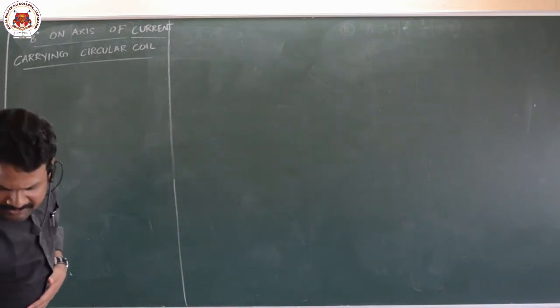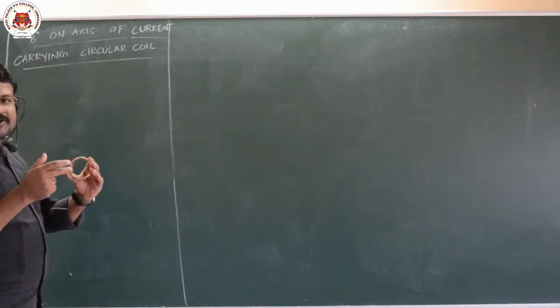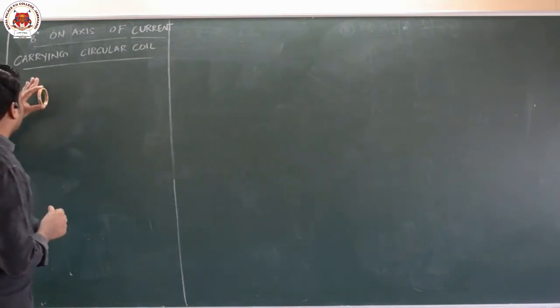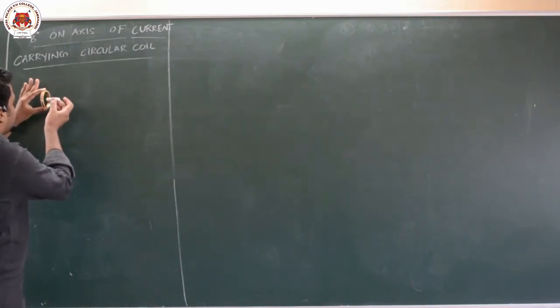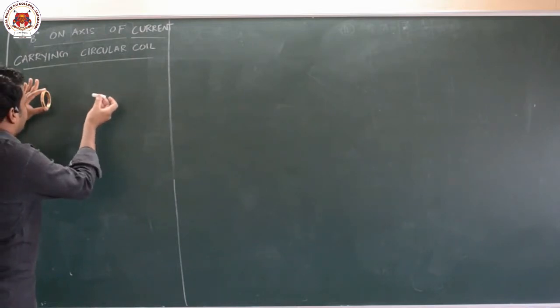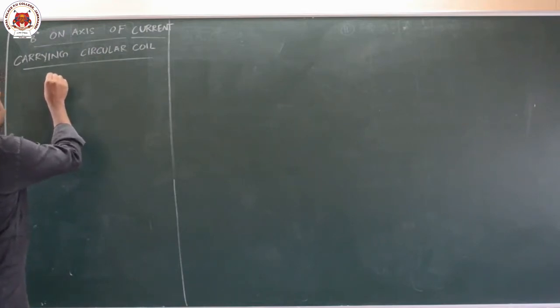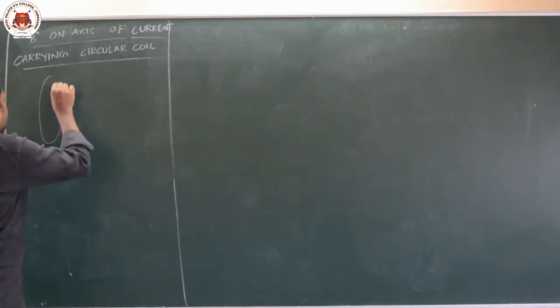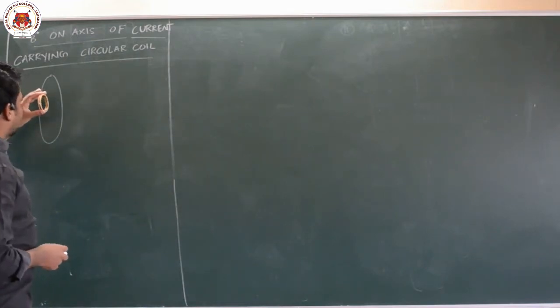Let us take this as a circular coil. This circular coil is placed like this on the board in the YZ plane, and this will be the axial line. So I am drawing the circular coil here, present in the YZ plane like this.